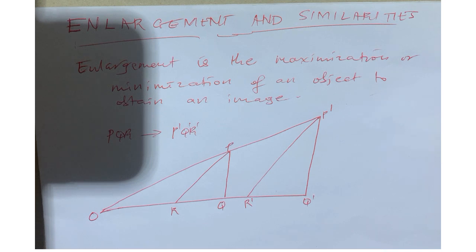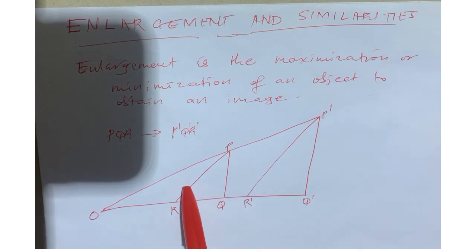So if I transform a triangle as my object, then my image is going to be what? A triangle. If my object is a rectangle, then my image is going to be what? A rectangle. If my object undergoing the transformation is a trapezium, then my image is going to be what? A trapezium. Good.